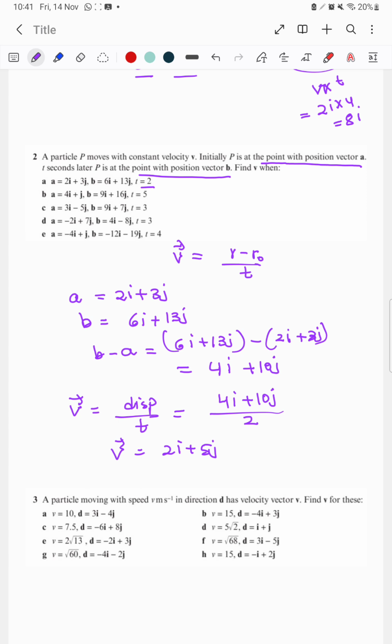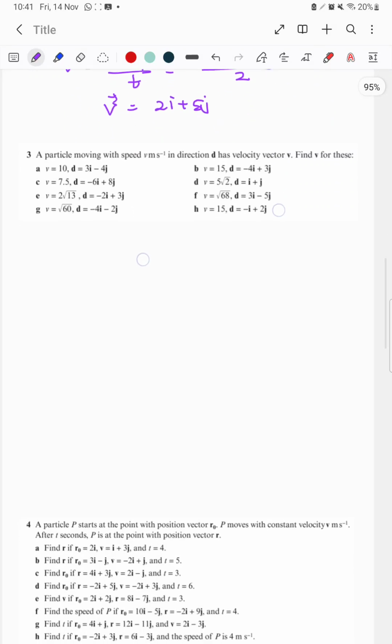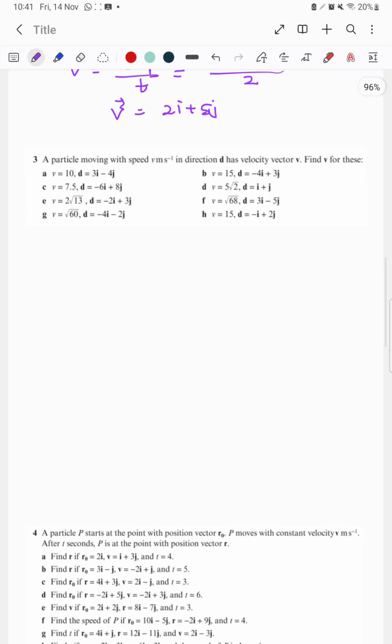Now we have our next question. A particle is moving with a speed v meters per second in the direction d as a velocity vector v.